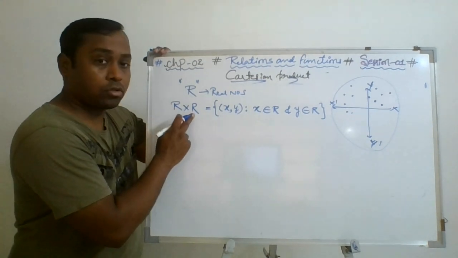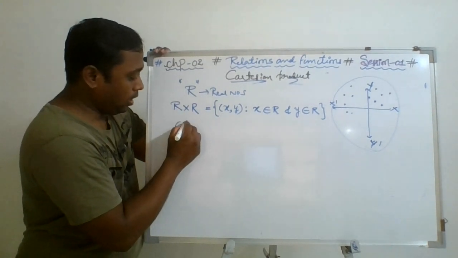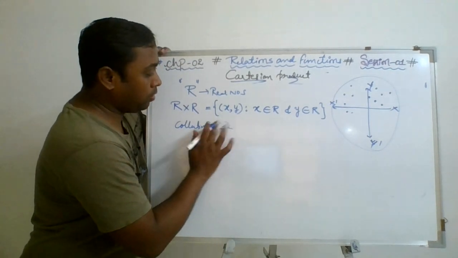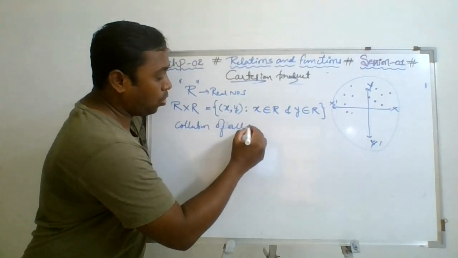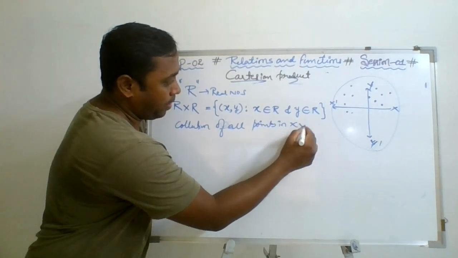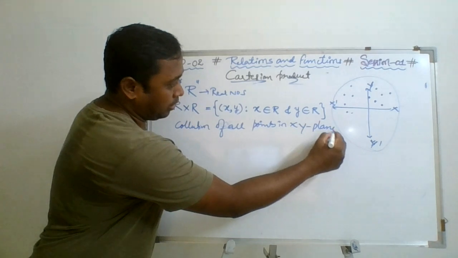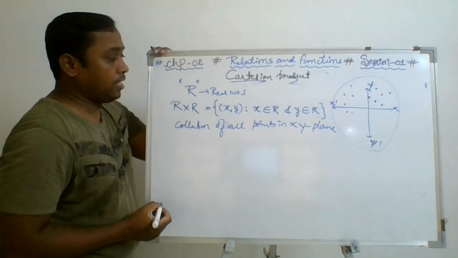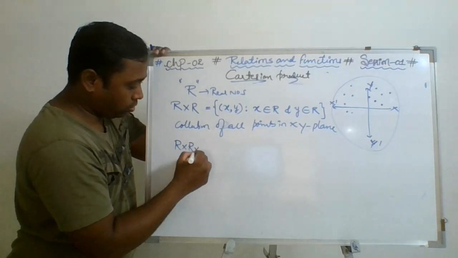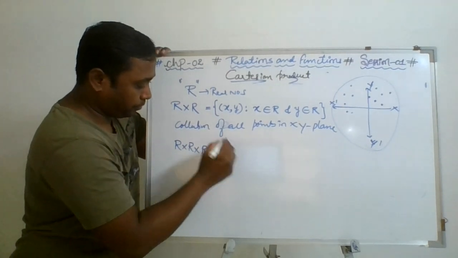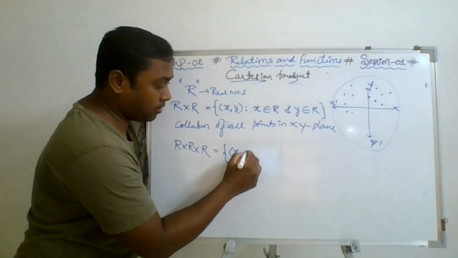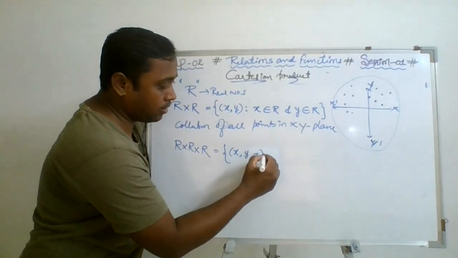So R cross R gives what? The collection of all points in the xy plane. This is very important. Now, what if I write R cross R cross R, which will give ordered triplets of the form x comma y comma z?